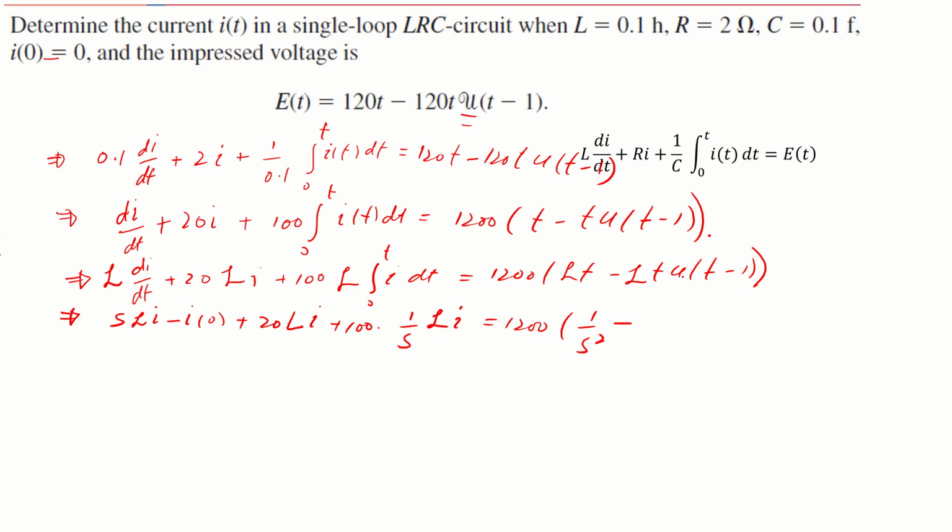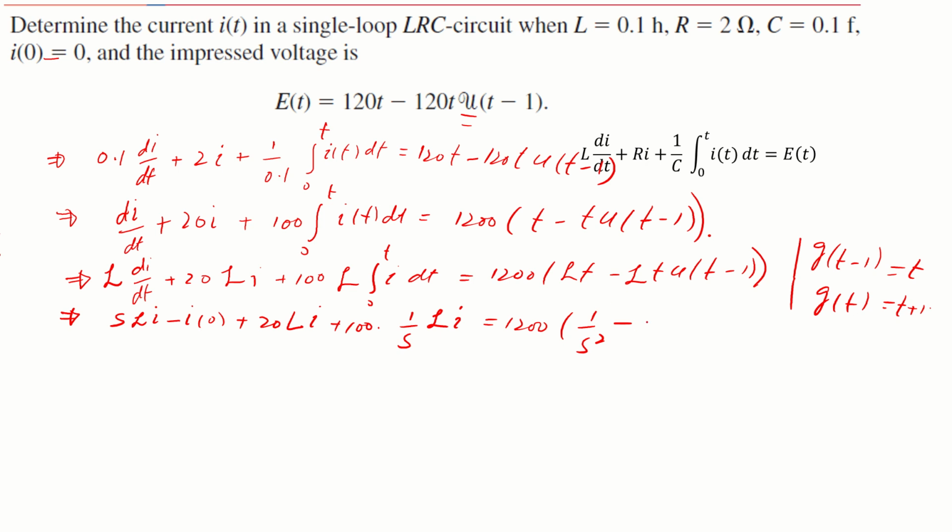Whereas we will be applying the second shifting theorem. In this case g(t minus 1) is given as t, so g of t will be t plus 1.